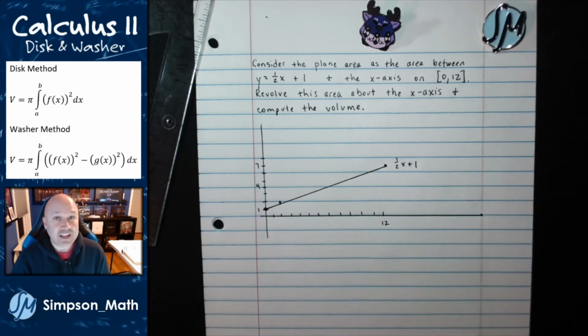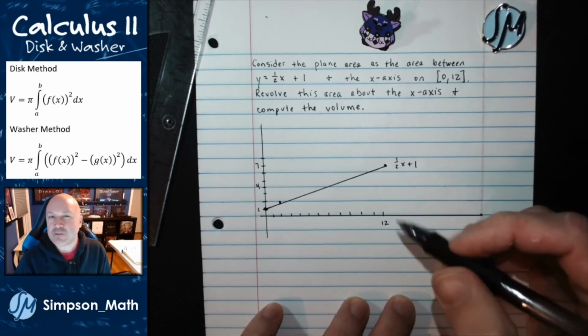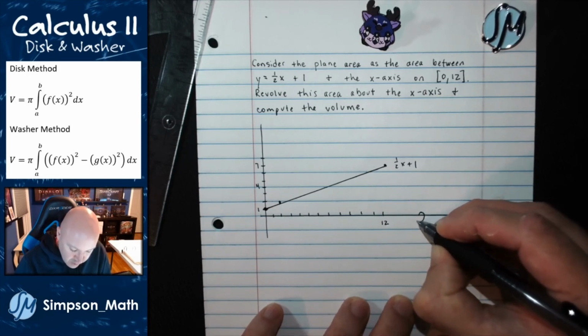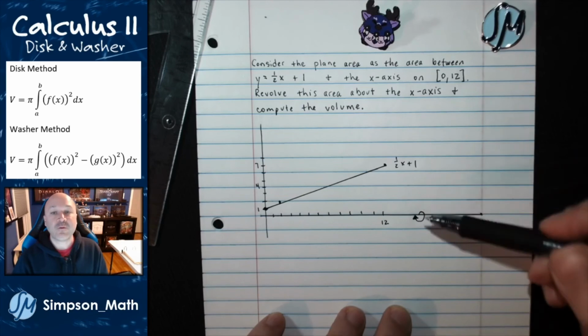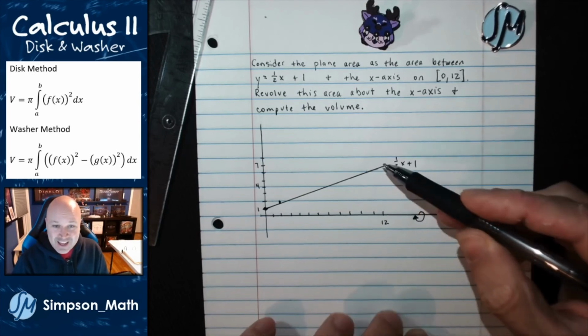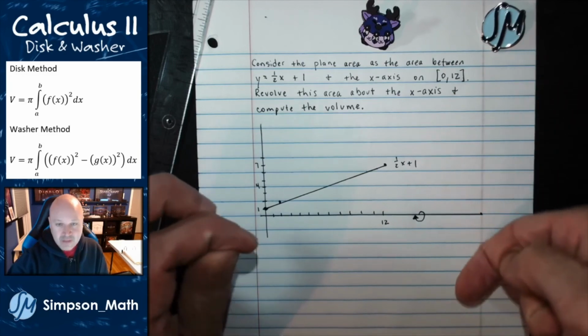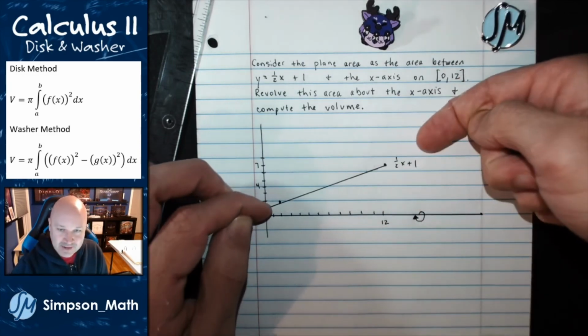And I'm going to revolve that line about the x-axis. So I have a little symbol for that just to help us visualize how this solid of revolution is being formed. Just a little swirl on the x-axis with a little arrow so the reader can tell, oh yeah, that line is going into the paper, revolving about the x-axis, coming out of the paper, and then flattening back out.